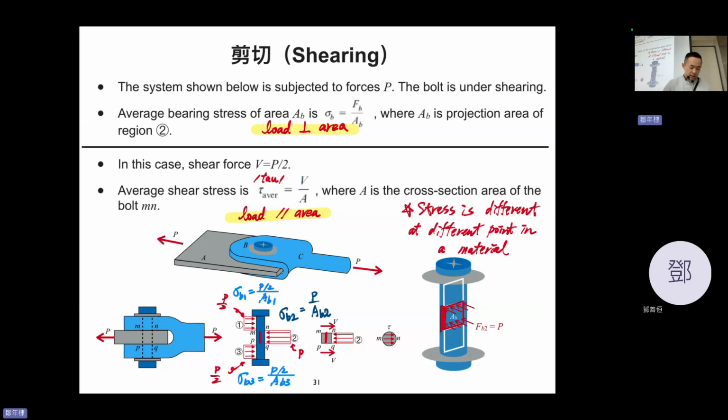Okay, welcome back. All right, this is really difficult. I'm going to enter the first difficult part in mechanics of materials. So, a quick review: before we talk about shearing stress, we talked about bearing stress.